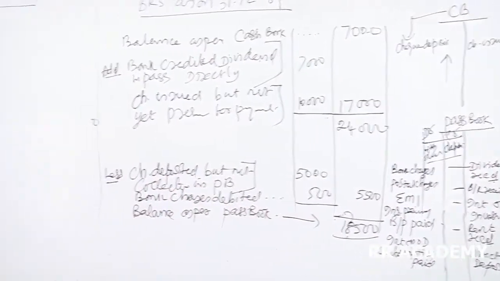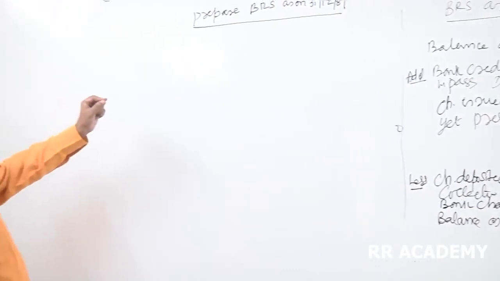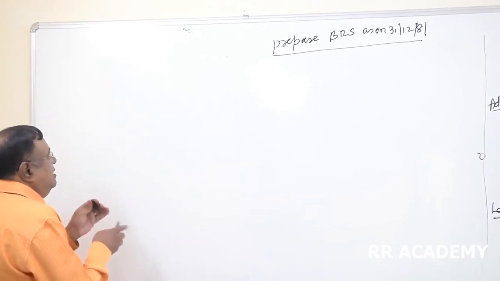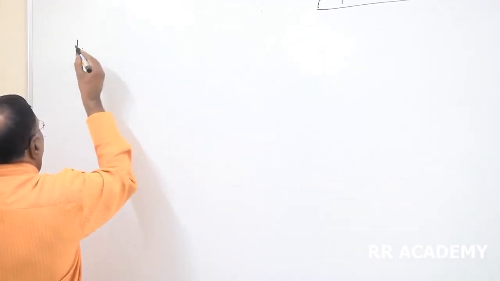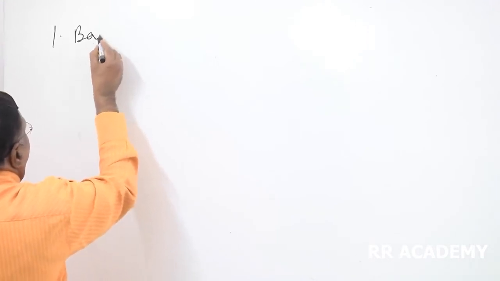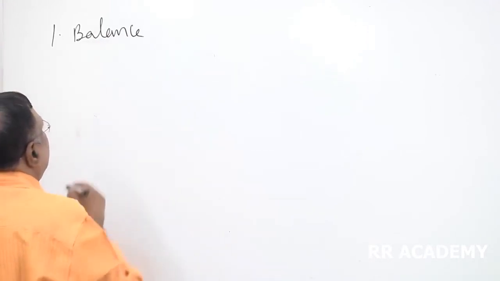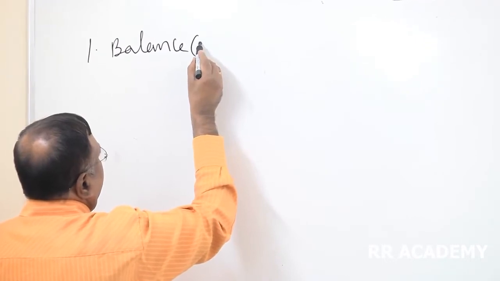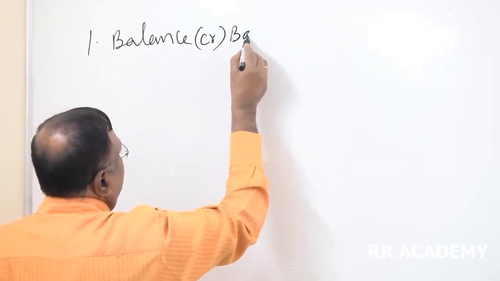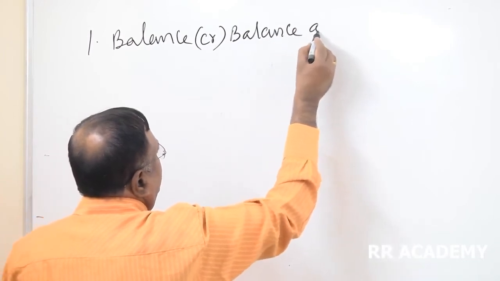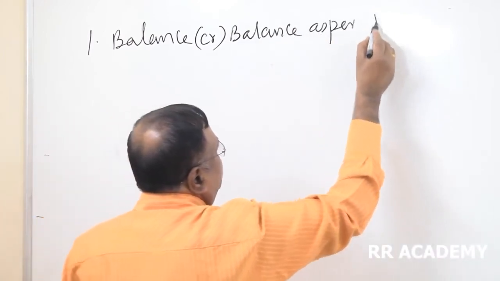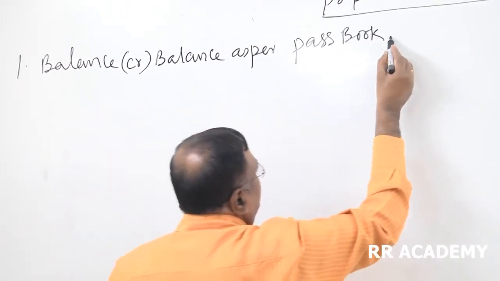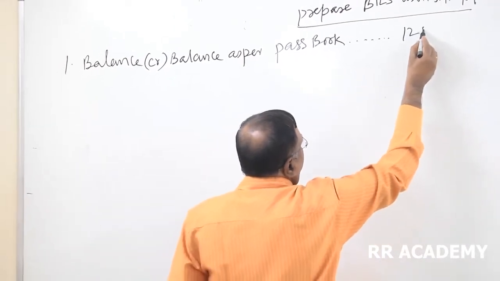Now again, prepare bank reconciliation statement as on 31/12/81. One, credit balance as per passbook, 12,500.